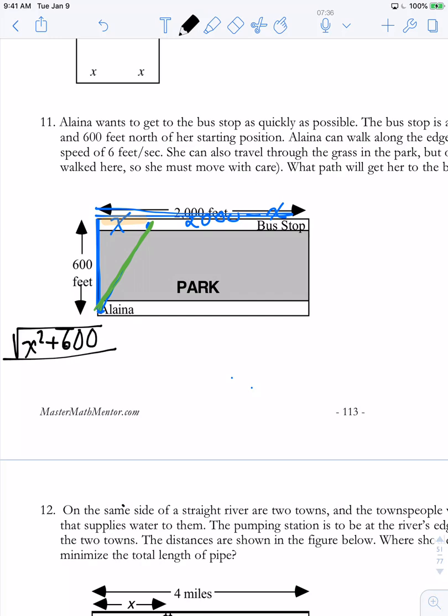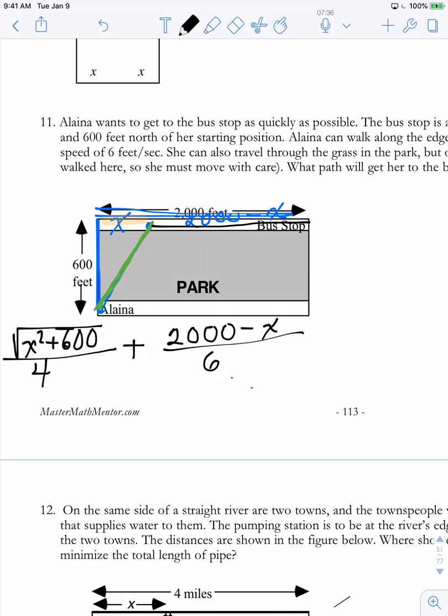And remember, when she cuts through the park, she's going at 4 feet per second, so we're going to divide by 4. Plus the rest of the way, and the rest of the way is just 2000 minus x, just a straight line. And remember, that's over 6 because her speed is faster when she's not cutting through the park. All right, so we're going to find the derivative.